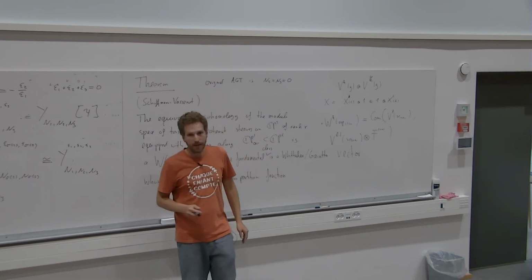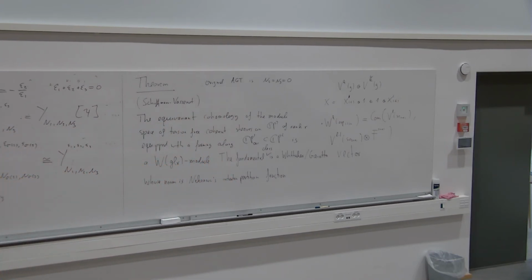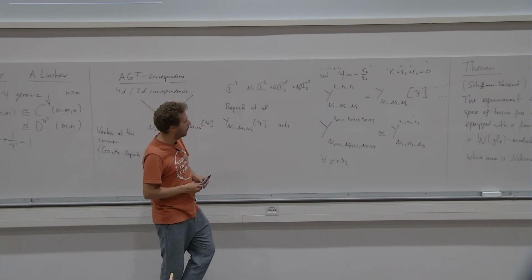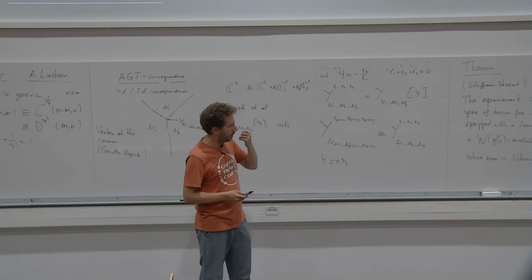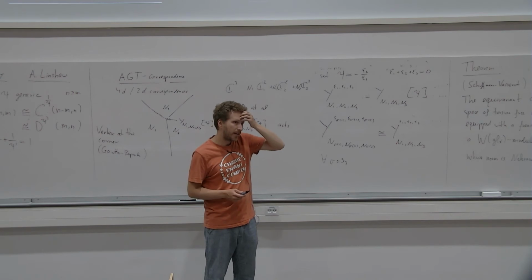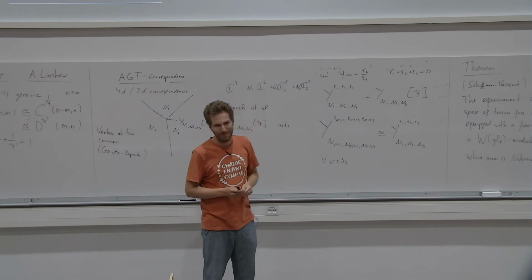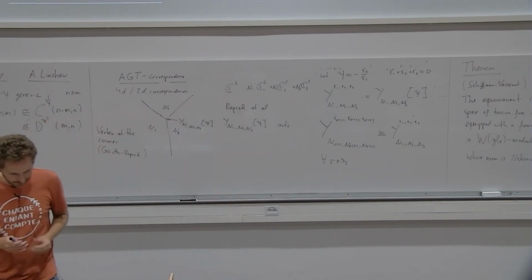The state of the art of the AGT correspondence in more generality is, for example, that one can show there is a natural action on these equivariant cohomologies of W algebras, but the Whittaker vectors, the generating vectors, are still open. One has to do it. Doesn't seem that easy.